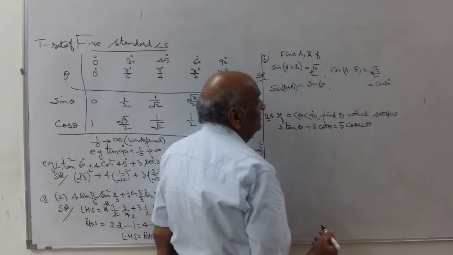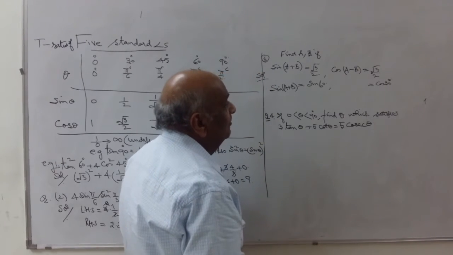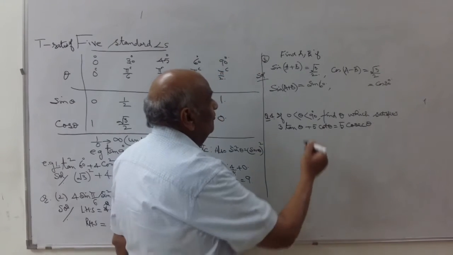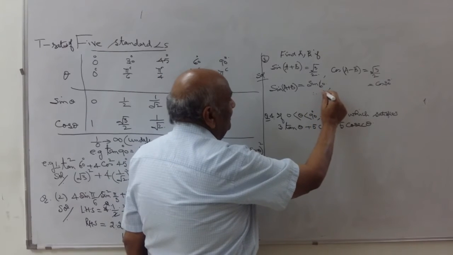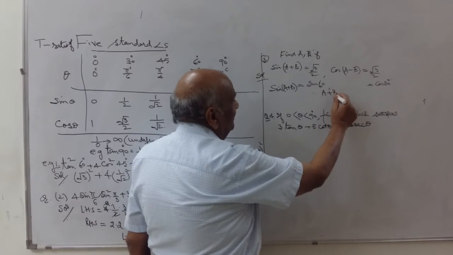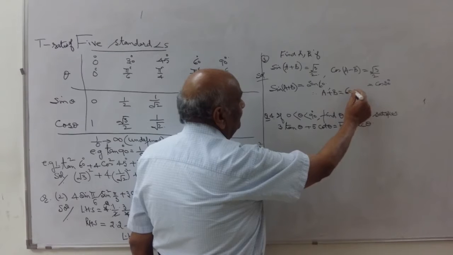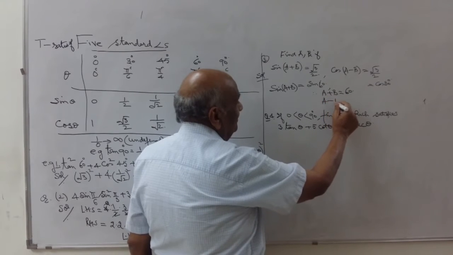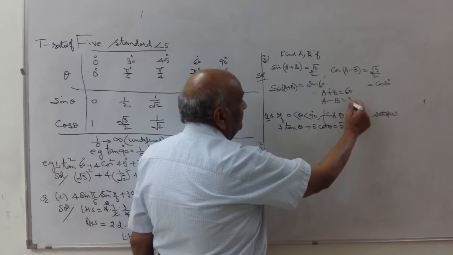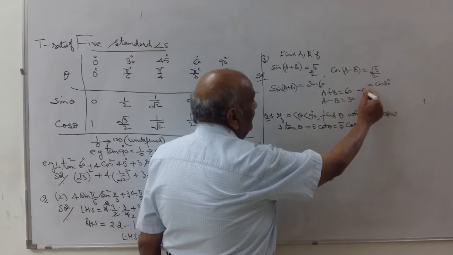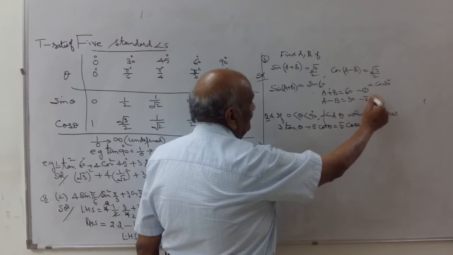Cos 30 again is from the table under root of 3 by 2. Therefore, we have A plus B is equal to 60 degrees, A minus B is equal to 30 degrees. This is number 1, this is number 2.